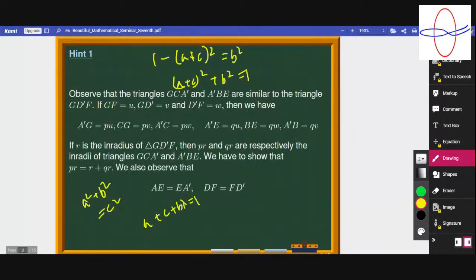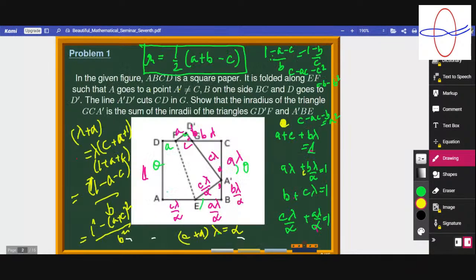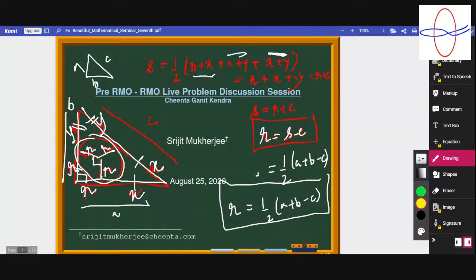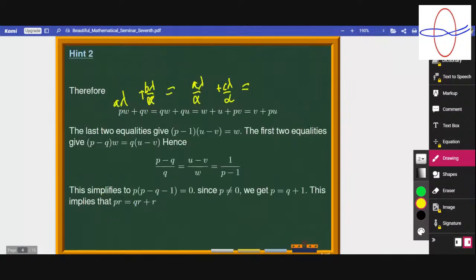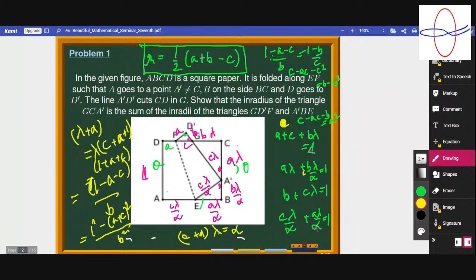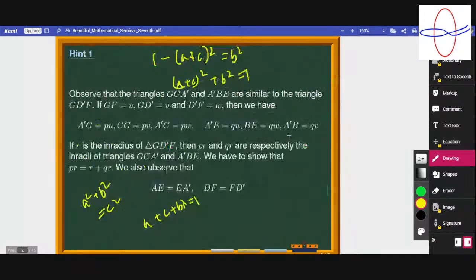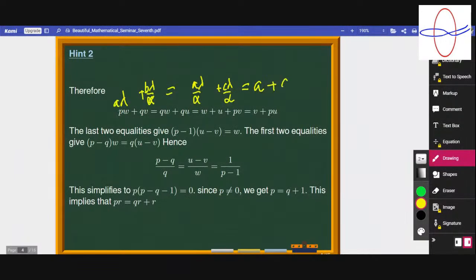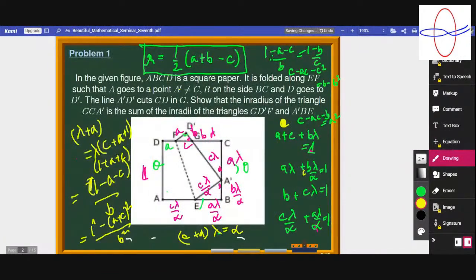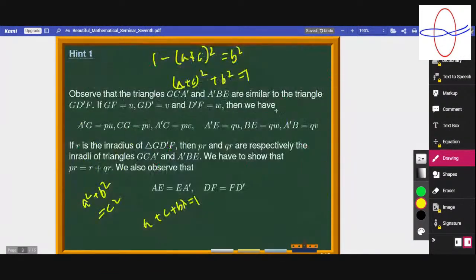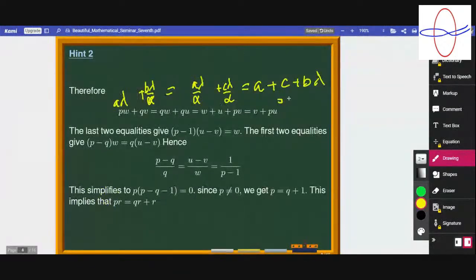Okay, so W is equal to D dash F, plus U is equal to GF. Okay, fine. So it's telling that it's equal to same thing that we have done, equal to A plus C plus B lambda. And V is equal to G dash GD dash. Okay, perfect. So it's equal to this thing that we exactly done same here, B plus C lambda.